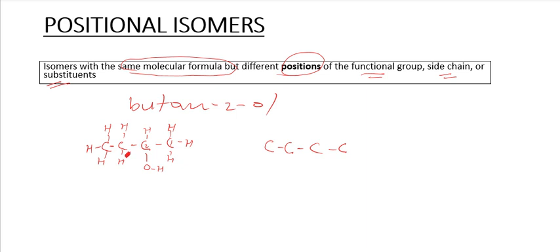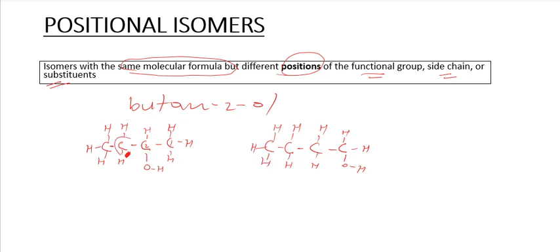So let me put it on carbon number 1. So now the functional group is on carbon number 1. That is the positional isomer of butan-2-ol.